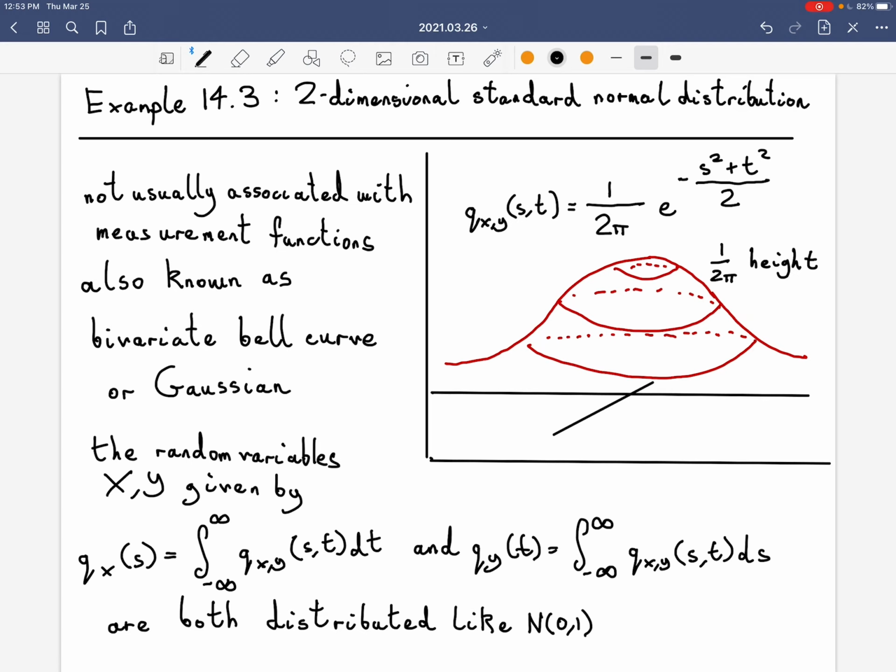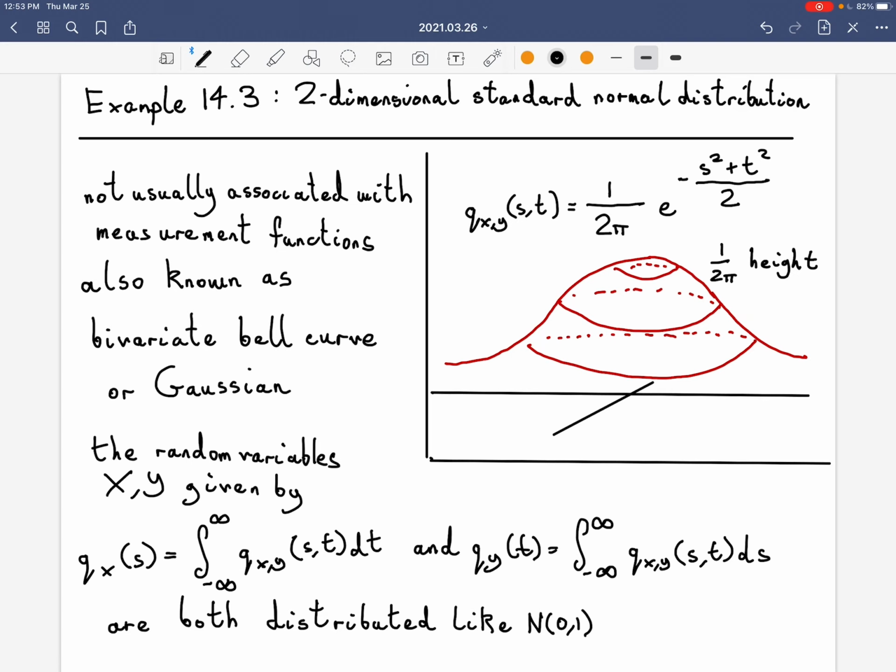The 3-dimensional standard normal is, again, beyond the limits of the human eye to visualize as an explicit graph, because it's a graph of a function defined on 3-dimensional space, which goes up into the 4th dimension.